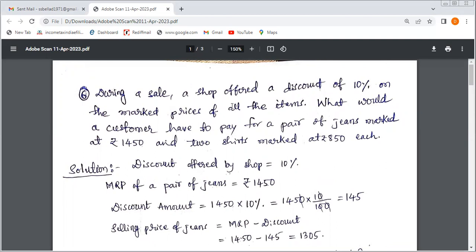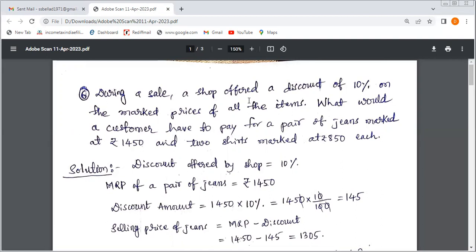What would a customer have to pay for a pair of jeans marked at 1450 rupees and 2 shirts marked at rupees 850 each?